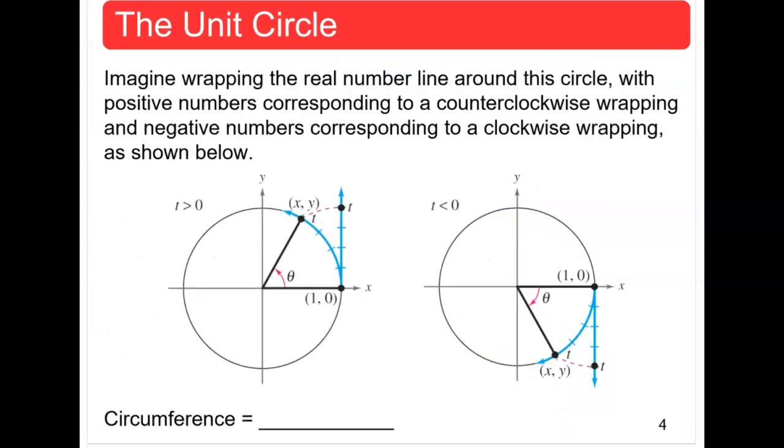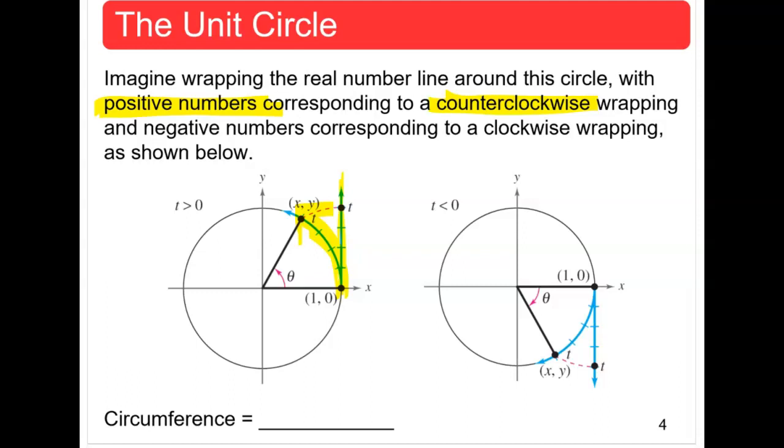So imagine that you are wrapping the real number line, a straight line, around the circle. So this is a straight line, and imagine you wrap it or curve it so that it fits the circumference of the circle. And if we do that in the counterclockwise direction, remember that's opposite to the clock, we will have positive numbers for our angle.